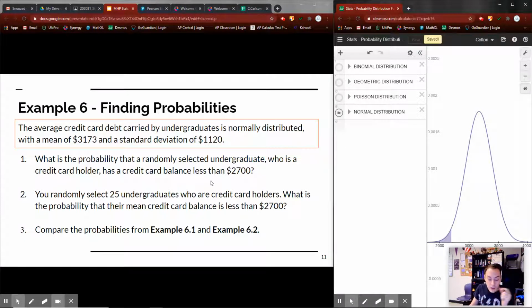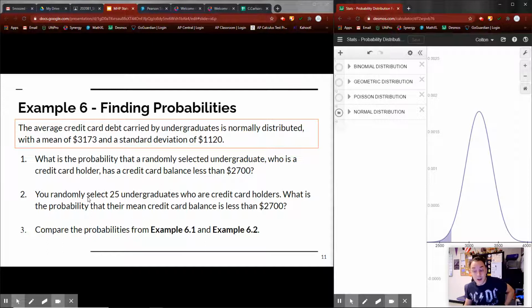Okay. There's a 34% chance of a balance less than 2,700, and that was in example 6.1. So although the population has a roughly 34% chance of a balance less than 2,700, there is a 2% chance, and that was example 6.2, that the mean of a sample of 25 undergrads will have a balance of less than 2,700.